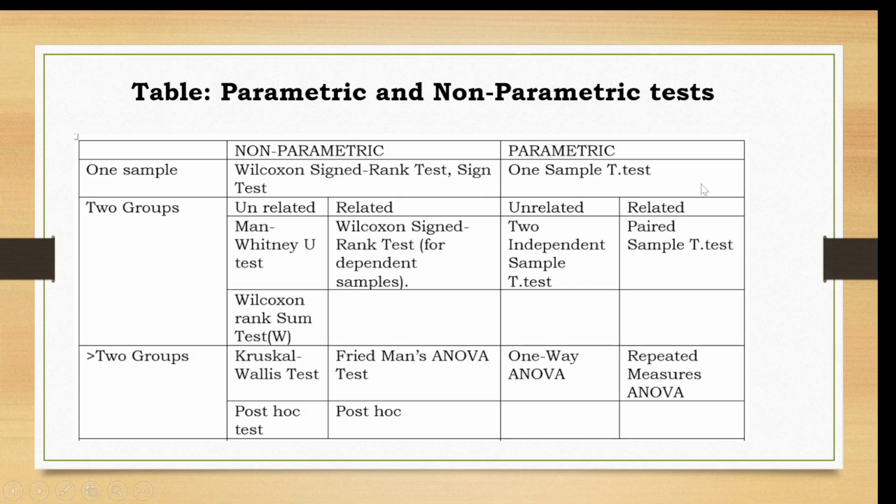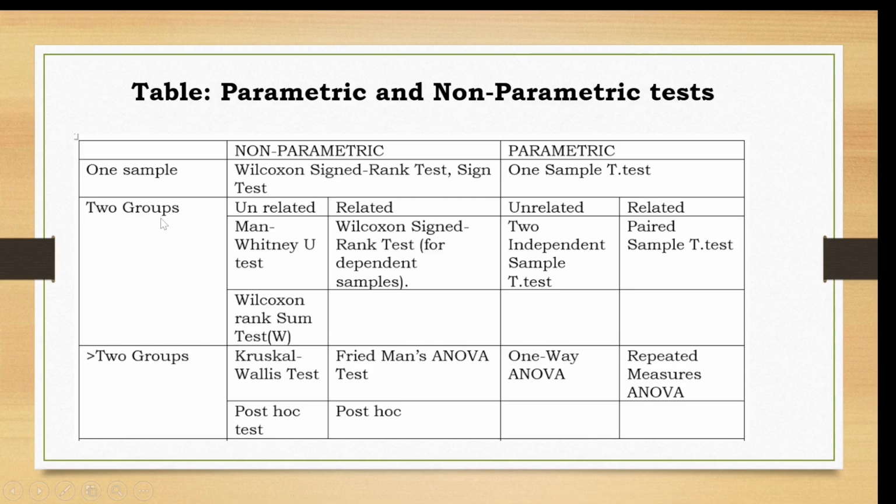What does it mean? It means that when the assumption for the parametric test fails for one sample, immediately you can use the non-parametric equivalent, which is the Wilcoxon sign rank test.